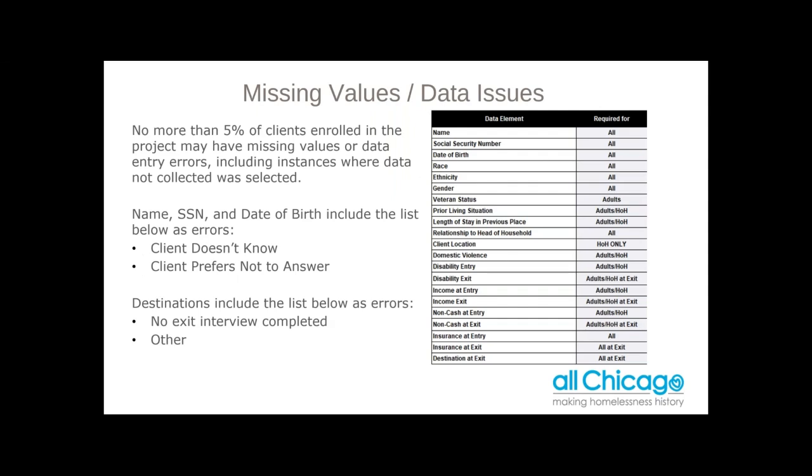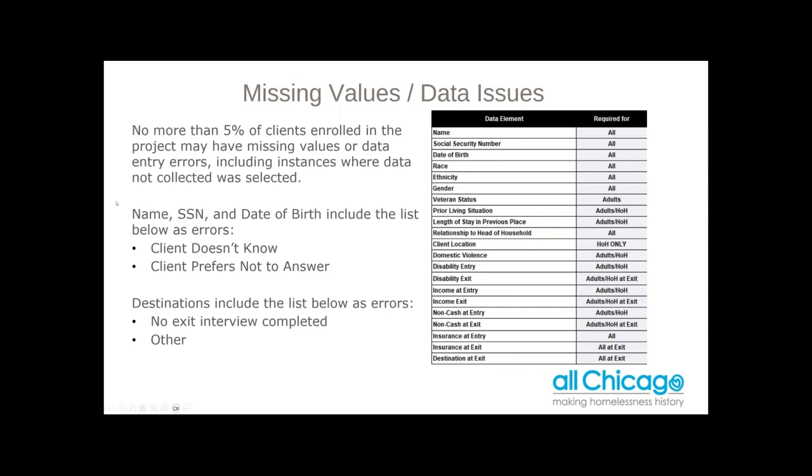Okay, so to begin, we're just going to start off with the missing values and the data issues. When you run your reports in Business Objects, the first thing you're going to notice is the table on the summary page at the very top. Within it, you'll be able to see the data elements that are going to be measured, as well as the required 4 column. You'll be able to see that on the right side of the screen in the screenshot.